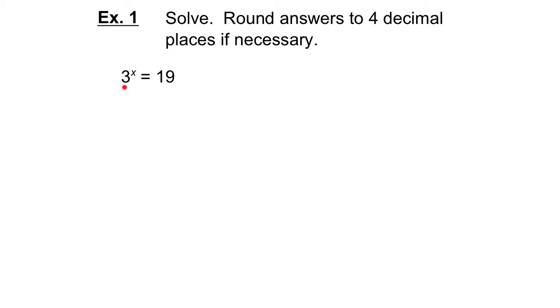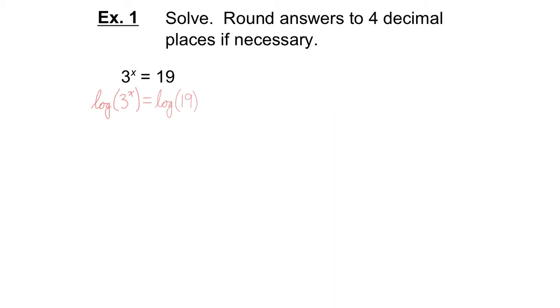Okay, so let's take a look at this. 3 to the exponent x equals 19. The easiest way to solve this is to take the log of both sides. So we'll have log of 3 to the x equals log of 19. Now I still have the x in the exponent, so I need to do something with that.